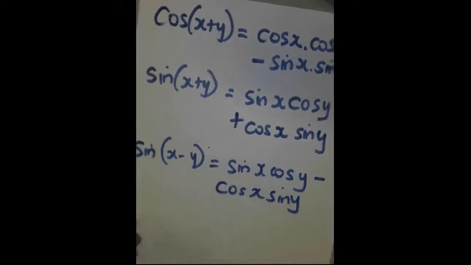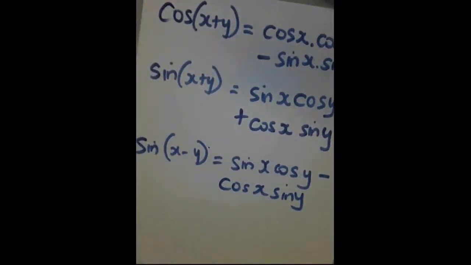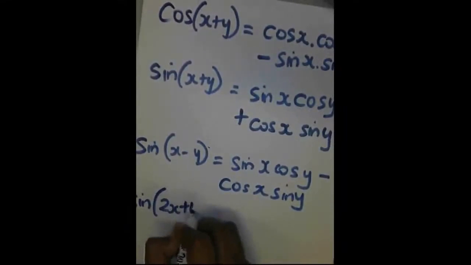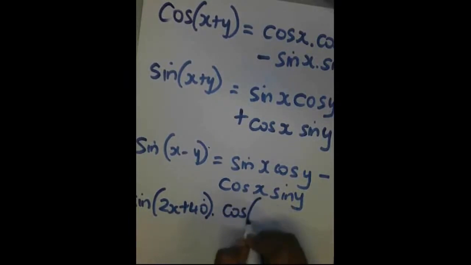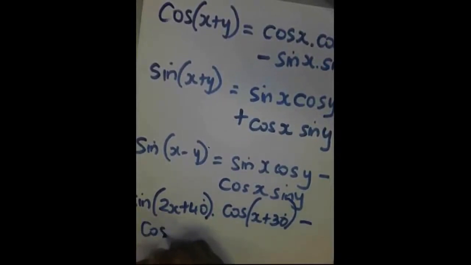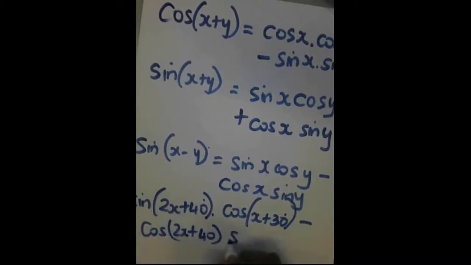So if I follow the pattern in the book, it's sine of 2x plus 40 degrees times cos of x plus 30 minus cos 2x plus 40 sine x plus 30.